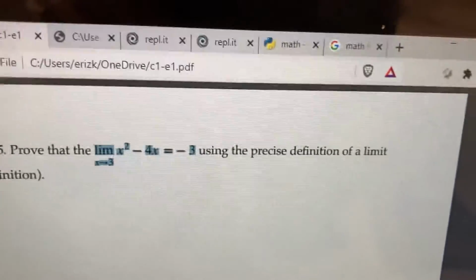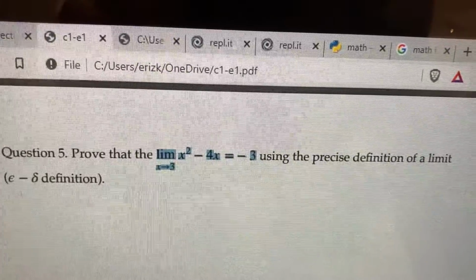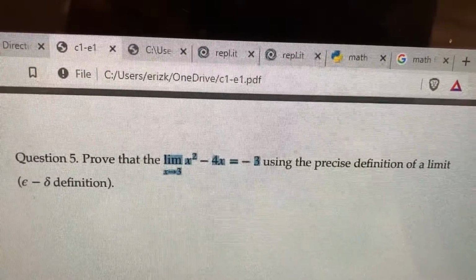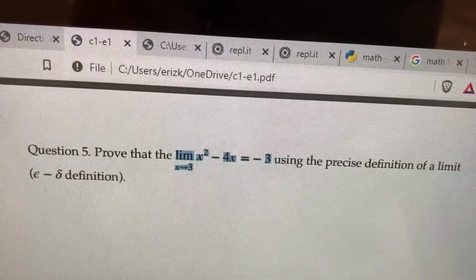So in the case of this problem right here, we have the limit as x goes to 3 of x squared minus 4x equals -3.